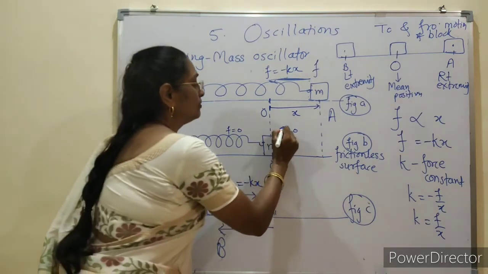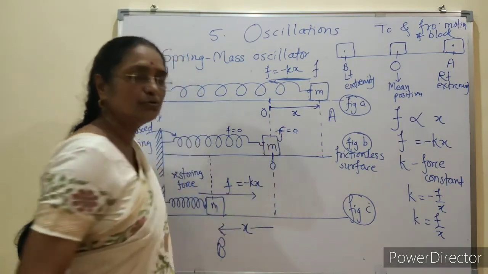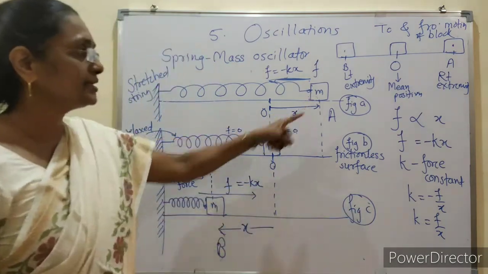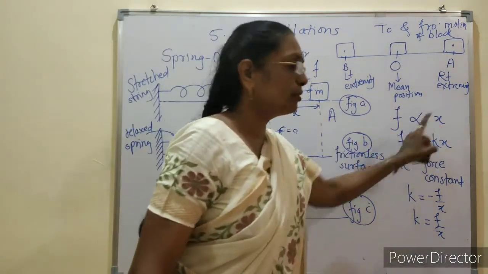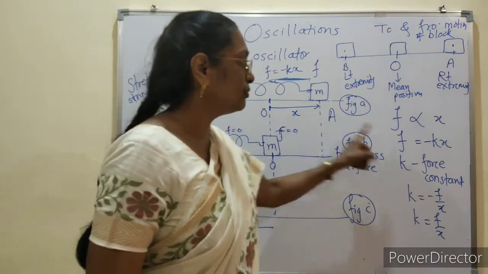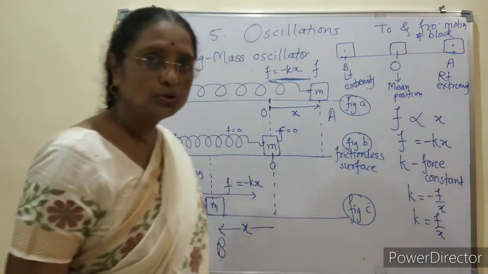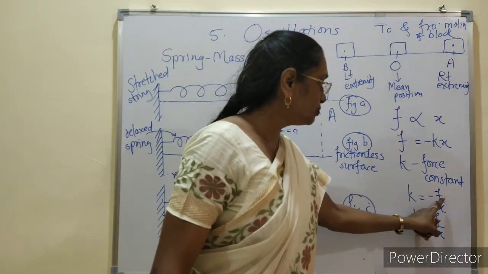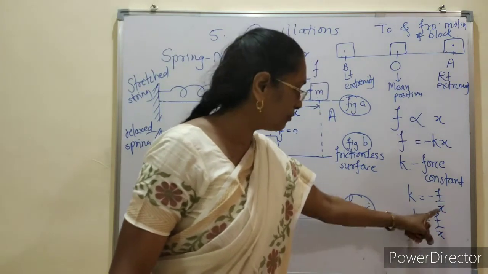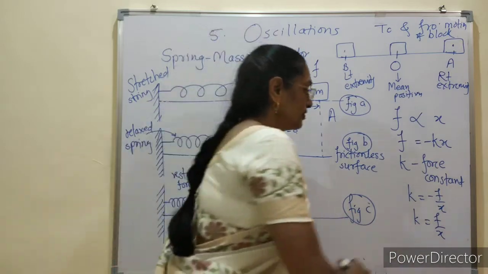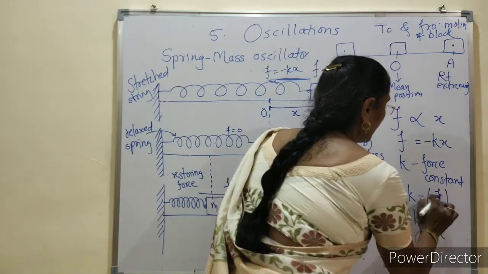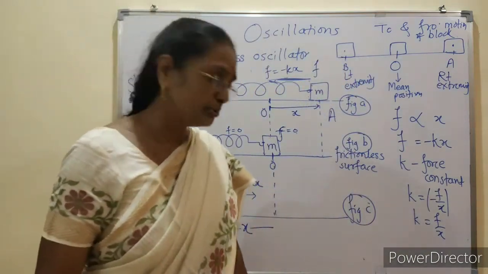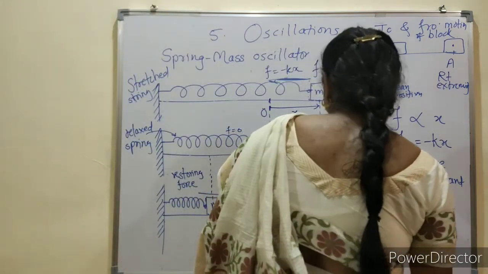But in the mean position, F is equal to 0. So in both cases, F is directly proportional to X. The restoring force has the opposite direction to the displacement, and K is equal to F upon X by magnitude. It can be defined as force per unit displacement.